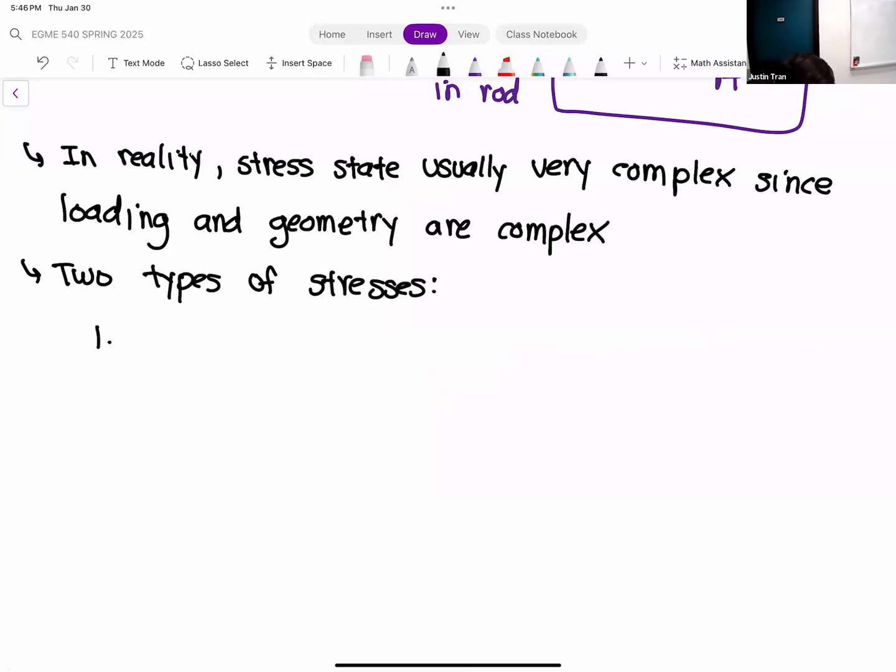The first one we have is normal stress. Okay. So normal stresses, normally when you see them drawn, they're usually perpendicular to the surface that they're acting.